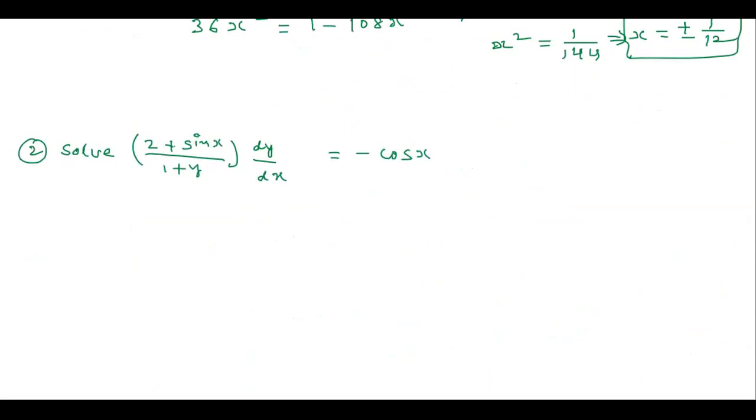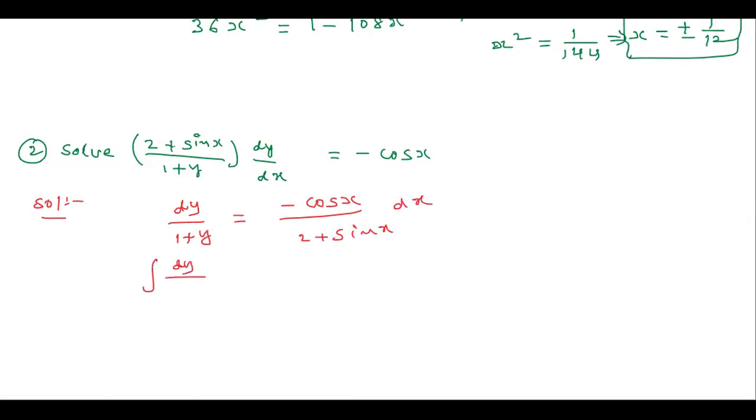Now see here, 2 plus sine x by 1 plus y into dy by dx is equal to minus cos x. Separate the variables. So we get dy by 1 plus y is equal to minus cos x divided by 2 plus sine x into dx. Apply integration on both sides.